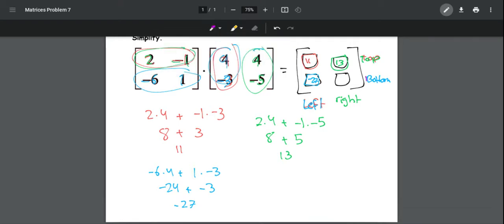And now we're going to take the bottom row and the right column.